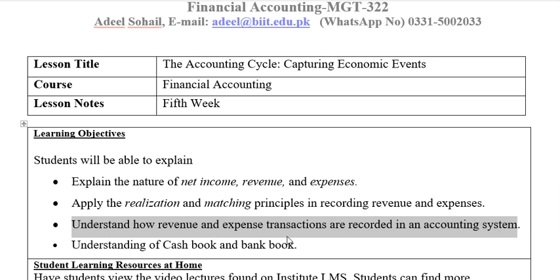And the last one is that you will understand the cash book and bank book. Okay, that's all of the learning objectives.